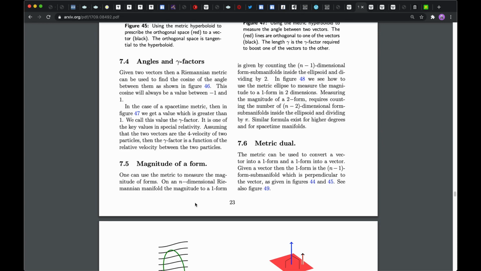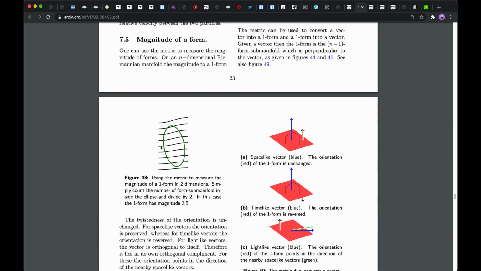So that basically says that, as depicted in figure 48, to measure the magnitude of a form, you need to simply count the number of form submanifolds inside the ellipse and divide that by 2. And in that case, the one form has magnitude 3.5.